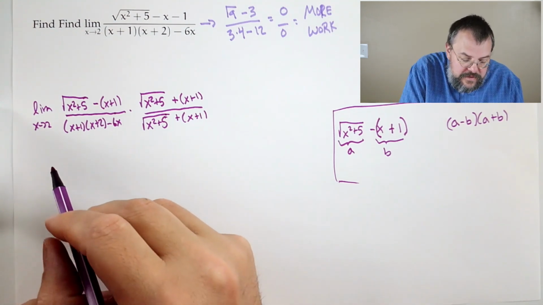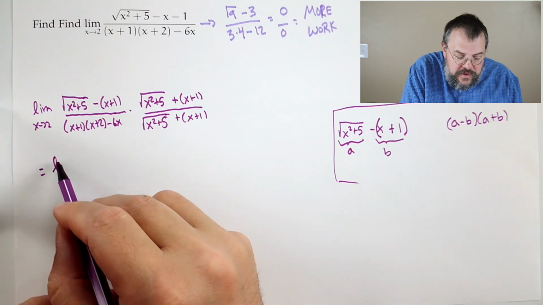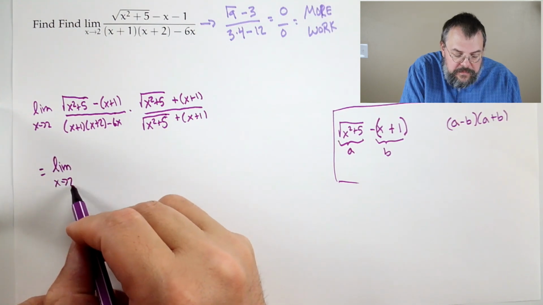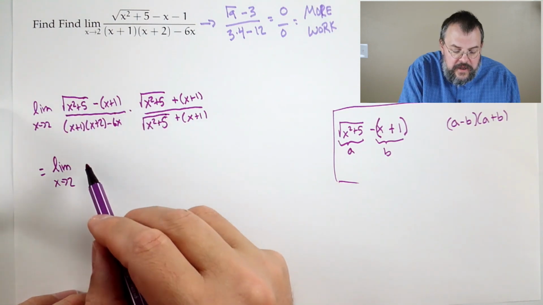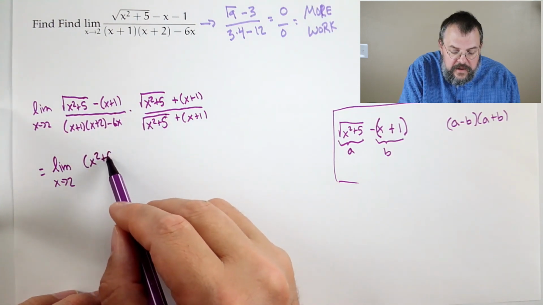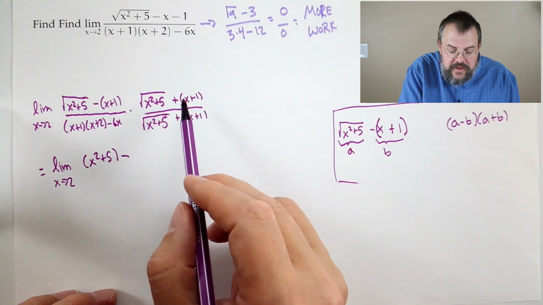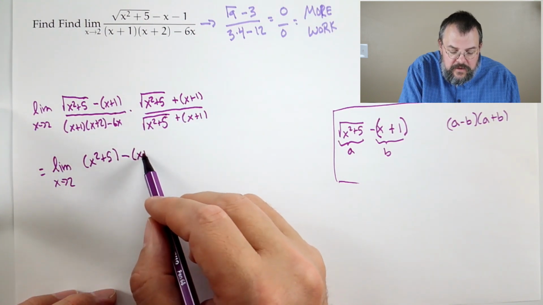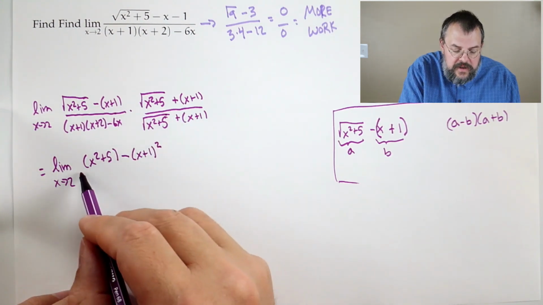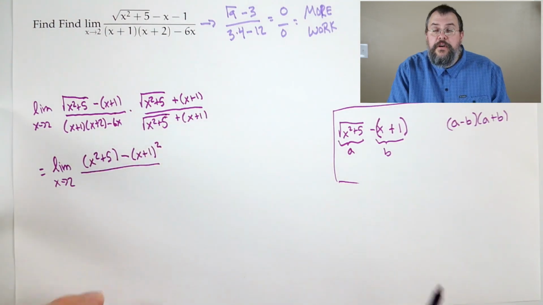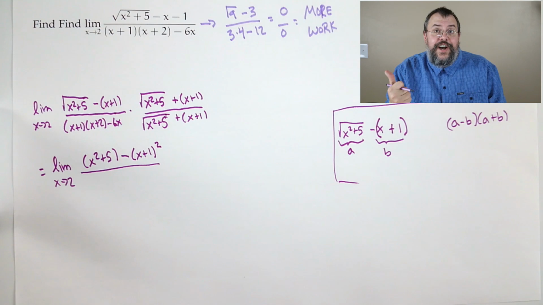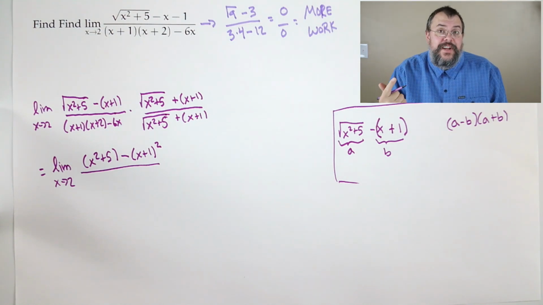Now, what happens? Well, we're still taking the limit. That hasn't changed yet. Now, upstairs, we're going to have a squared, x squared plus 5, minus b squared. So that's x plus 1 squared. Downstairs, we don't want to multiply these terms out because that'll take us a lot of time and it won't give us anything.